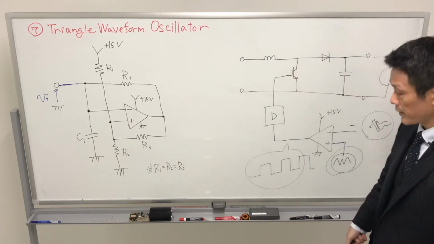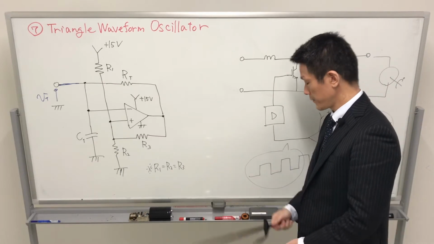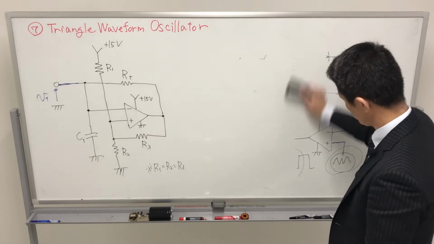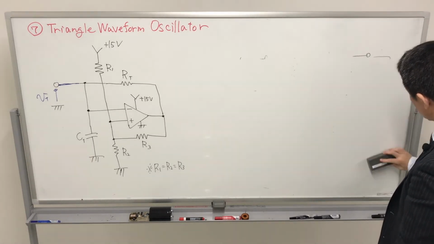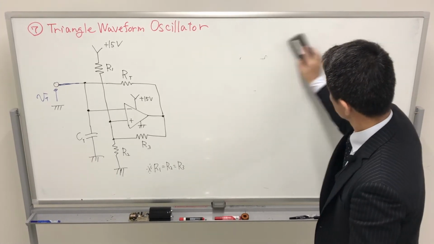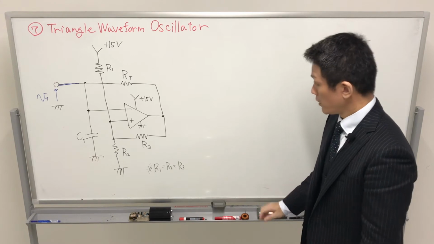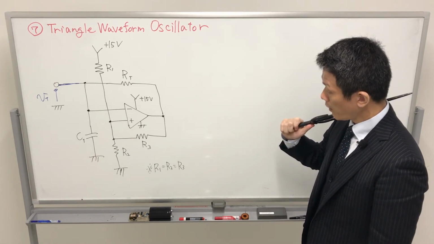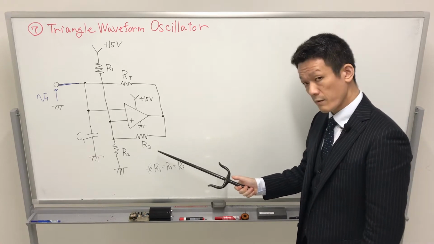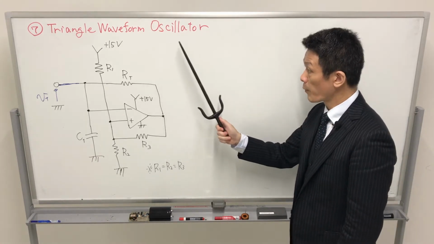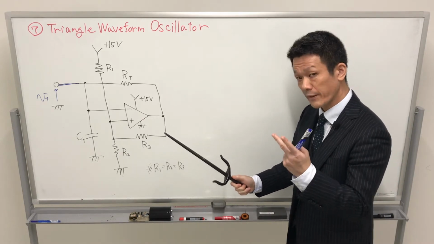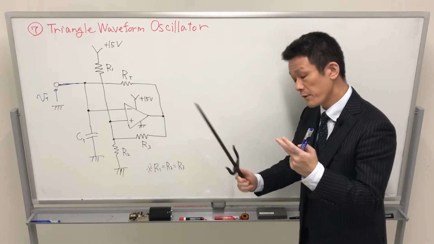Okay, let's discuss this circuit. This triangle waveform oscillator is roughly divided into two circuits.